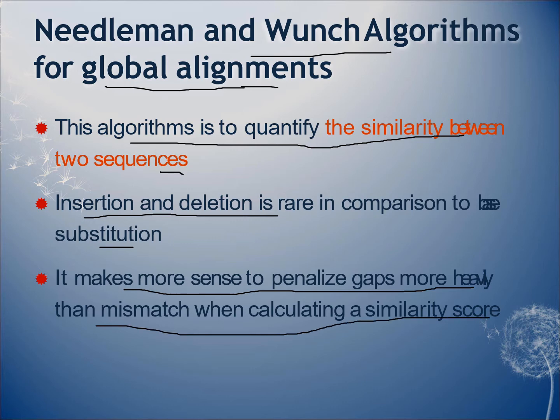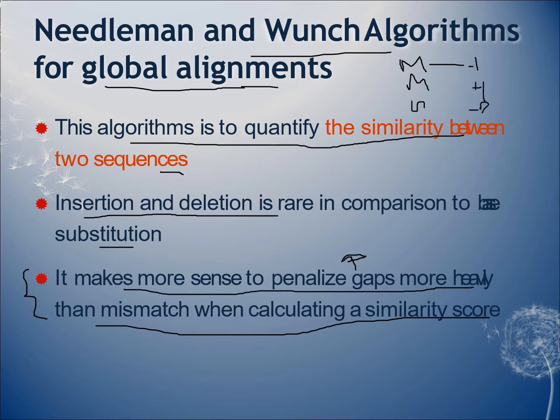This line means that we give gaps a higher penalty. Let's take an example where we put arbitrary values for mismatch, match and gaps. Let's say mismatch is -1, match is +1 and gaps are -2.